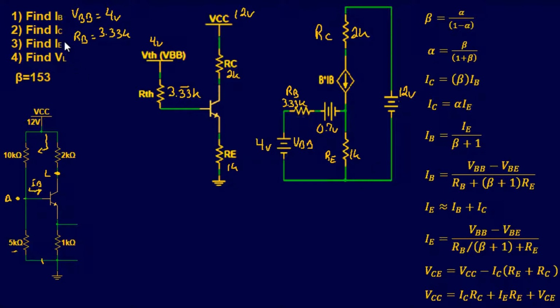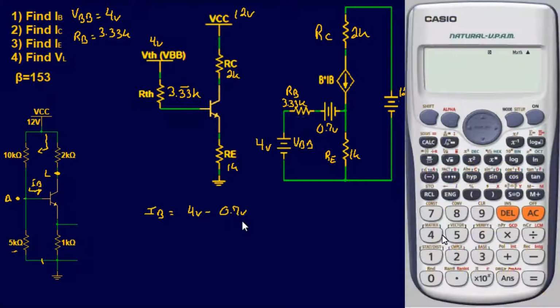Now we want to find our base current. Same thing as last time, I want to use this equation right here. So IB equals, now VBB instead of 12 volts is 4 volts, 4 volts minus 0.7, which we're always going to assume.